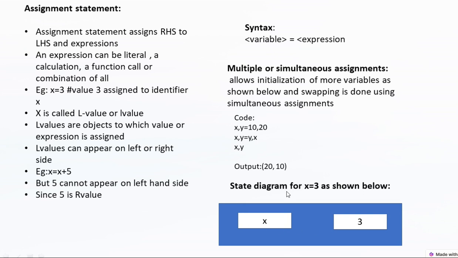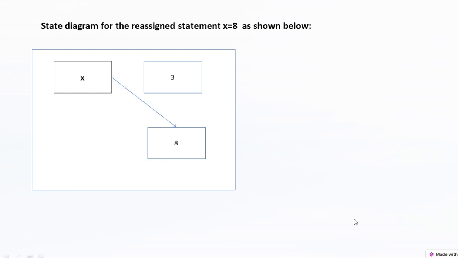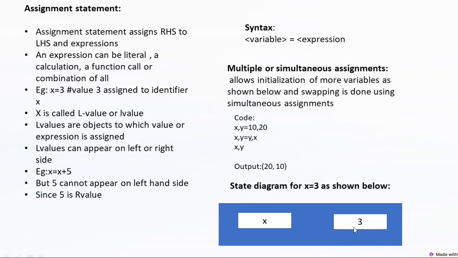And what is the state diagram? This is the state diagram for x is equal to 3. I have x as one state and 3 as another state. And this is the state diagram for reassignment. Initially I said x is equal to 3, so x is pointing to 3. x is a variable, an identifier.